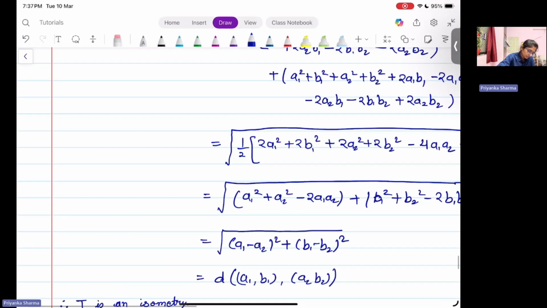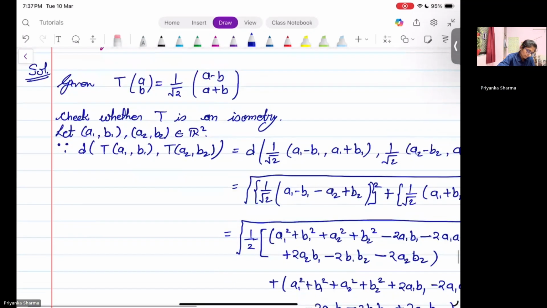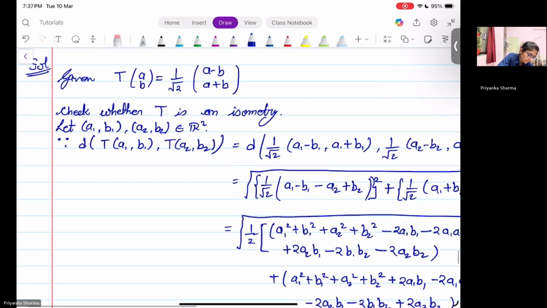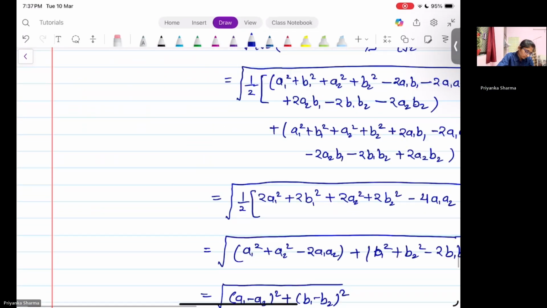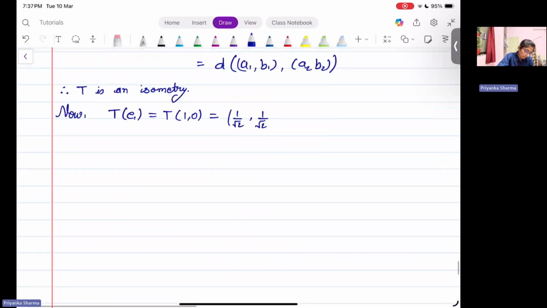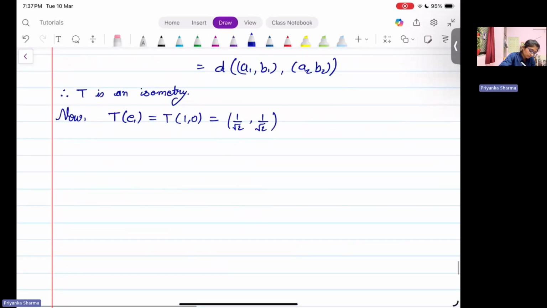So this is 1 by root 2 A minus B and A plus B. That is 1 by root 2 A minus B, that is this, and 1 by root 2 A plus B. Okay, this will be this.